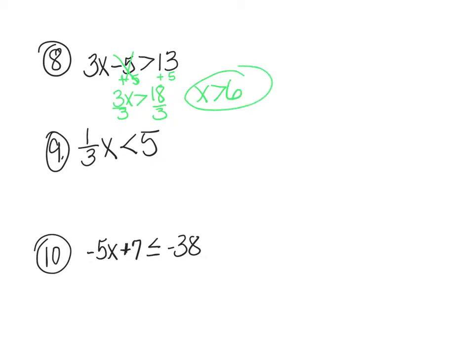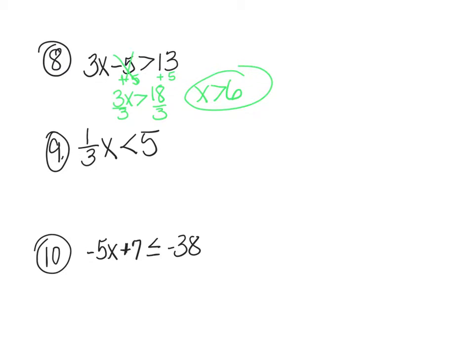Now, I noticed that in this set of problems, there's not a whole lot of ones where you have to switch the sign, but there are a few. The next one is not one. So I have 1/3 times x. What's the opposite of multiplication? That is division.